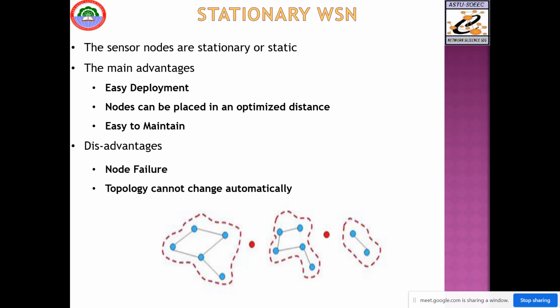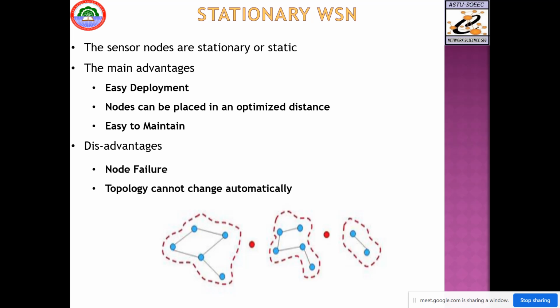Due to this node failure, there may be a possibility of losing the data. Some data may be lost if any node is failed. At the same time, the information sensed by one particular node will not be delivered to the corresponding nodes, as the node which is intended to deliver the data is called the destination node.